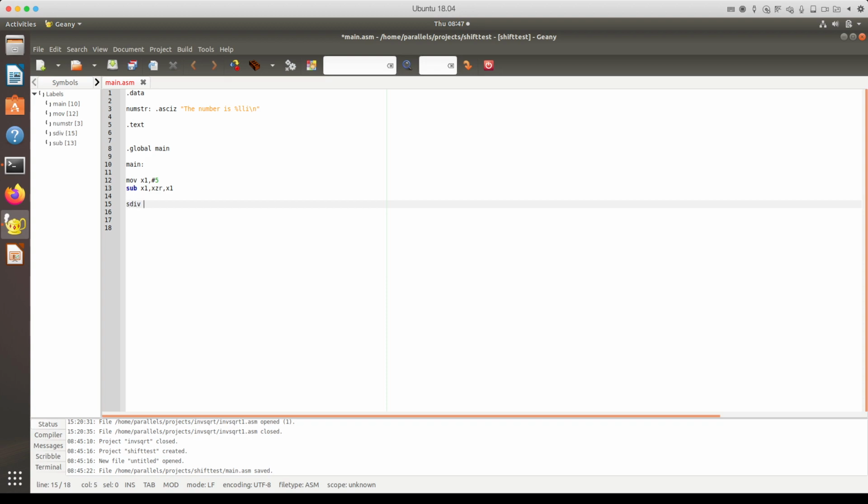All right, so I also need to load the number 2, right? So let's sdiv here. Let's put the answer in x1, and let's do the result of doing x1 divided by x2. Okay, then what am I going to put in register 0?